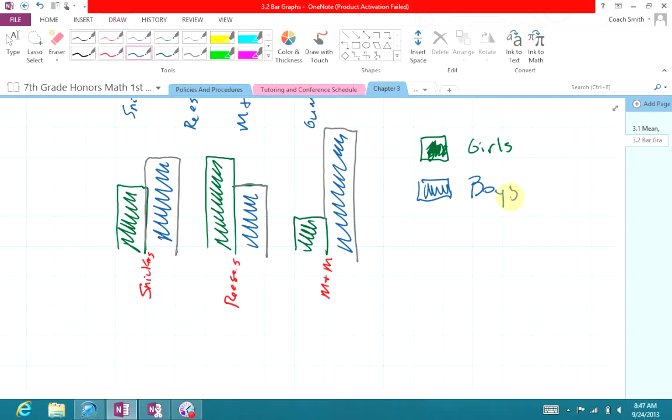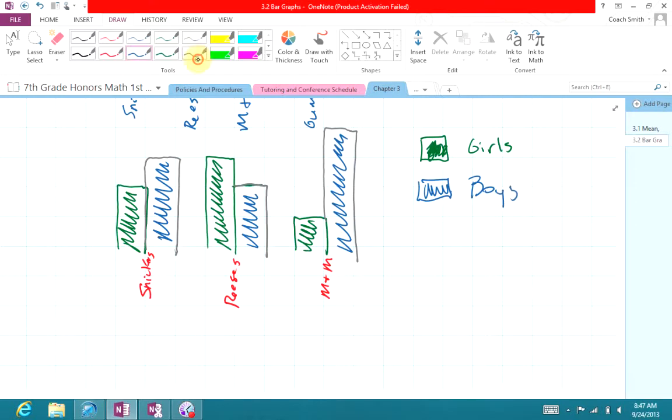Okay, so obviously there, the boys like which candy the best? M&M's. Like I said, don't even have to have the numbers. We know M&M's won. We know the girls liked Reese's the best. Okay, so obviously the girls liked the least M&M's. Okay, because it has the smallest bar.